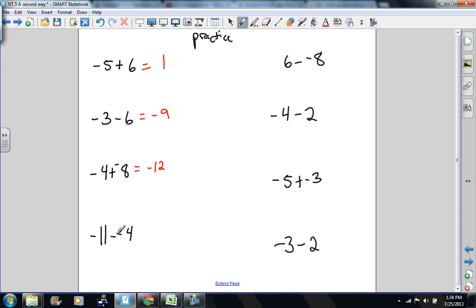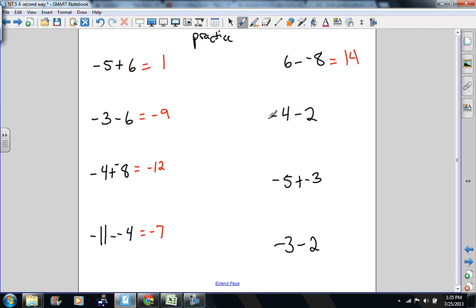Here these ones are tricky, but this becomes a +4, so we have -11, or $11 in debt, but we earned $4, so we paid some back, and we were still left with -7, or $7 in debt. This one turns into a positive, so it actually just becomes 6 + 8, which is $14.